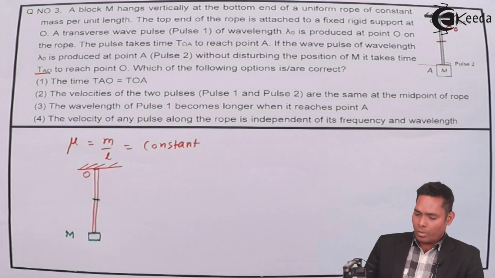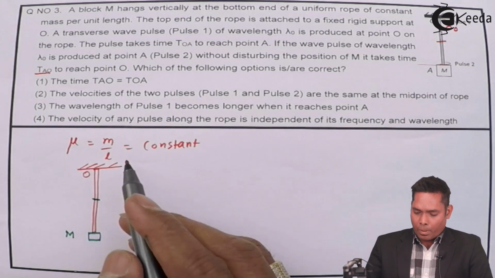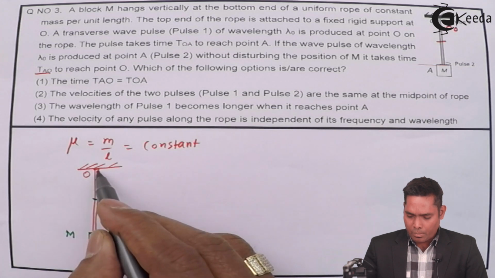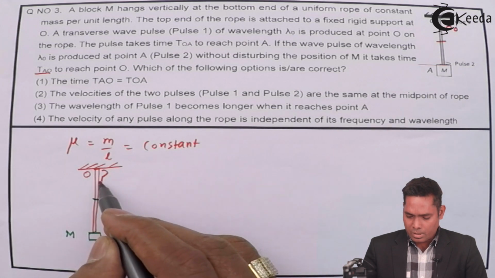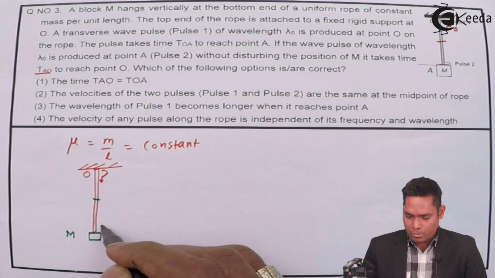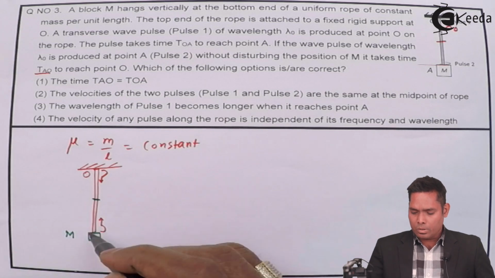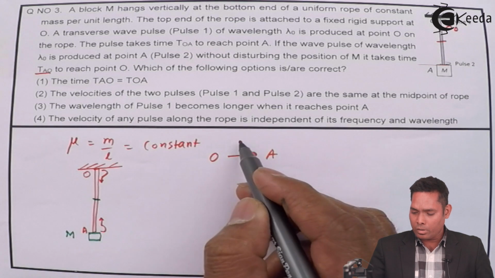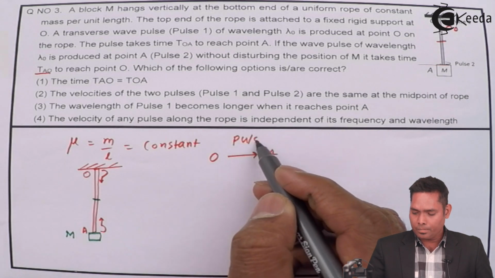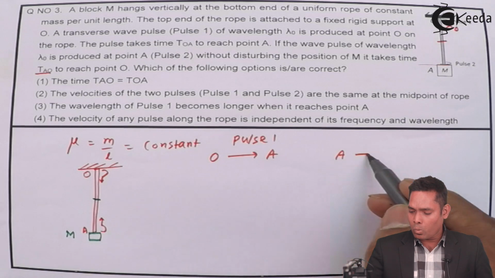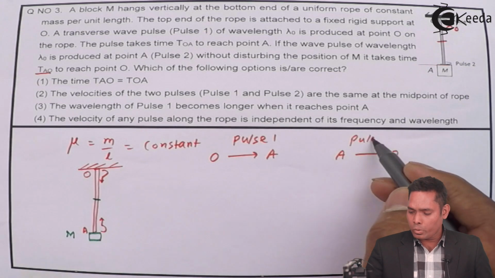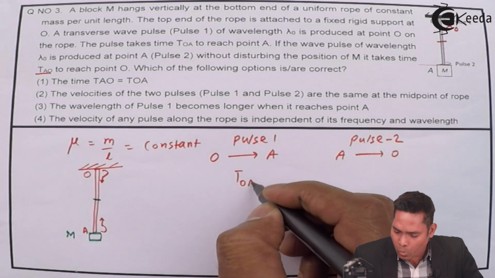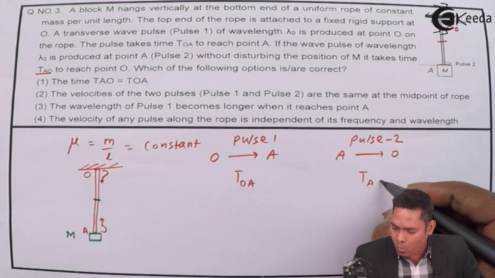Now one pulse is traveling from here to here, another is moving up. This point is A, so O to A is the journey of pulse 1 and A to O is pulse 2. The time taken here is TOA and here is TAO.